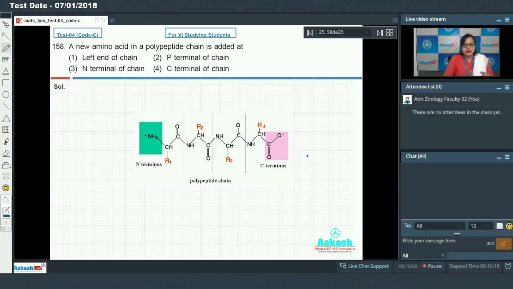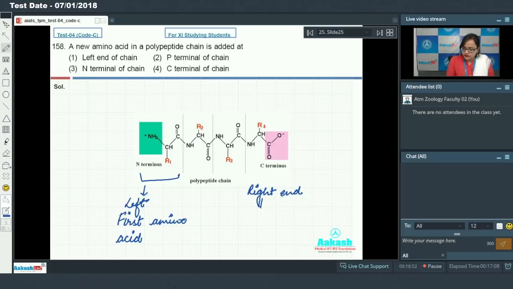So if we consider the polypeptide chain in a form of a line, then the left end of the chain is represented by the first amino acid, and is also known as N-terminal amino acid, while the right end is represented by last amino acid and is also known as C-terminal amino acid.